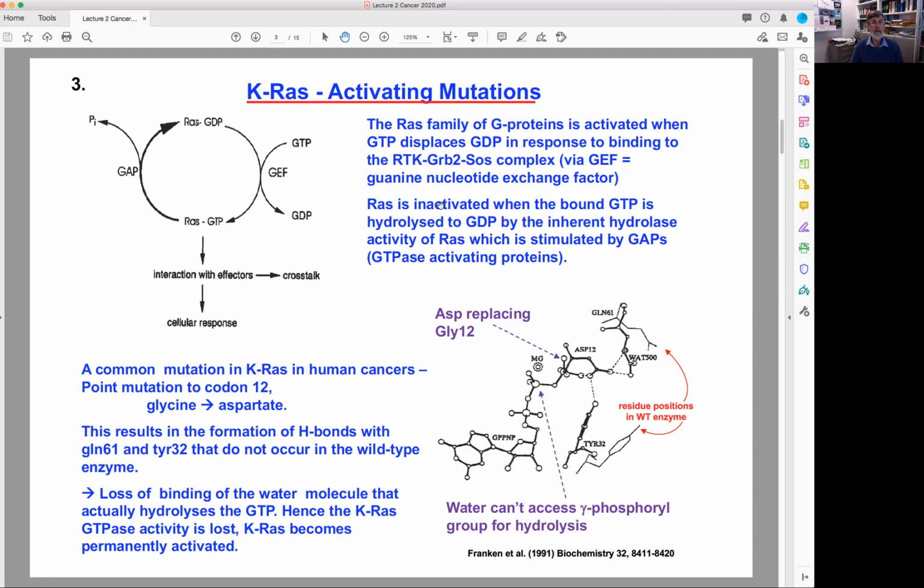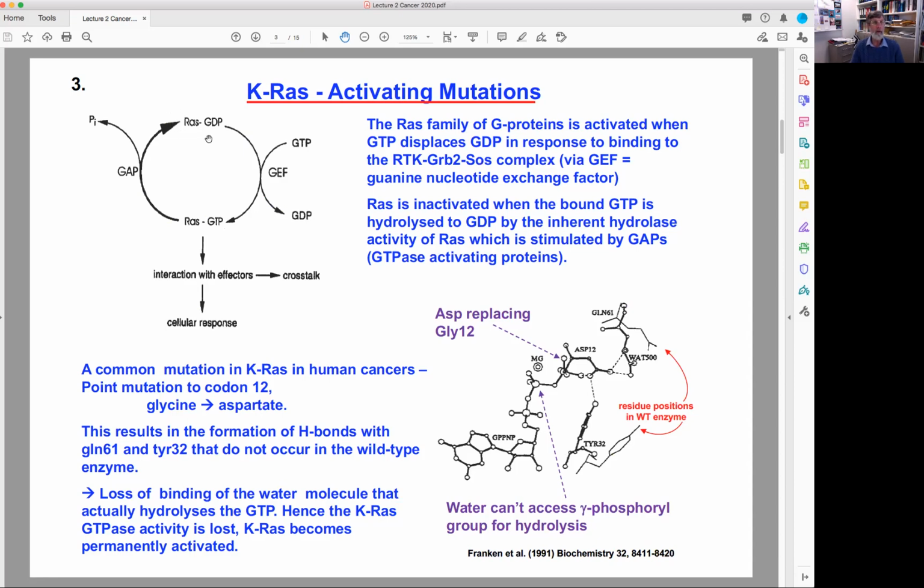So RAS is inactivated when the bound GTP is hydrolyzed to GDP by the inherent hydrolase activity of RAS, which is stimulated by these GAPs, in other words, GTPase activating proteins, which SOS is an example.